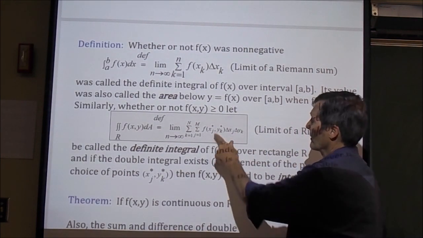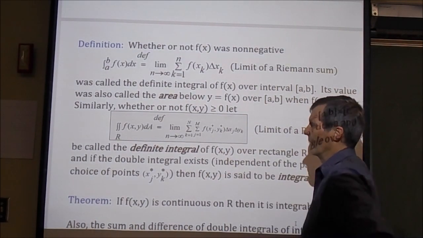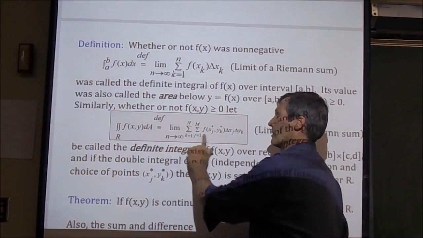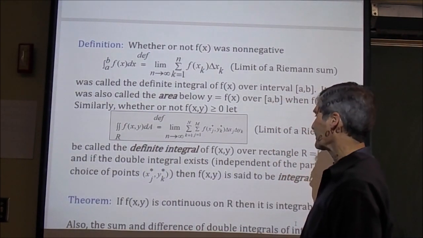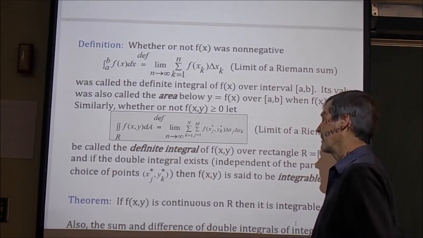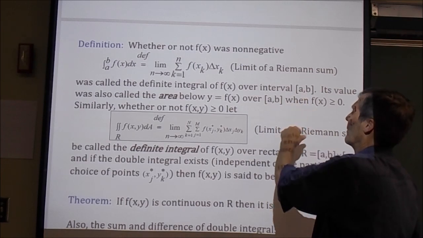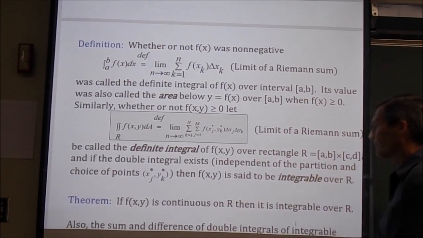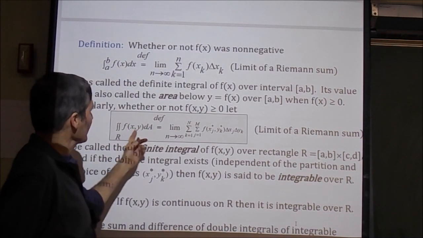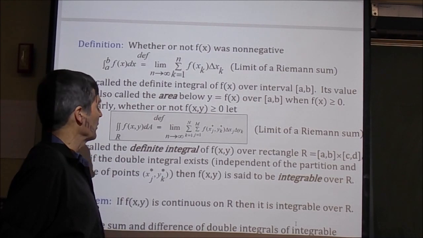And if f is positive, or non-negative, we'll say this is actually the volume over the xy plane and beneath the surface. But in any case, we'll define the double integral to be this. And this will always exist when f is continuous over a rectangular region, x going from a to b and y going from c to d. If this integral exists, we'll say that f is integrable over the rectangle R.